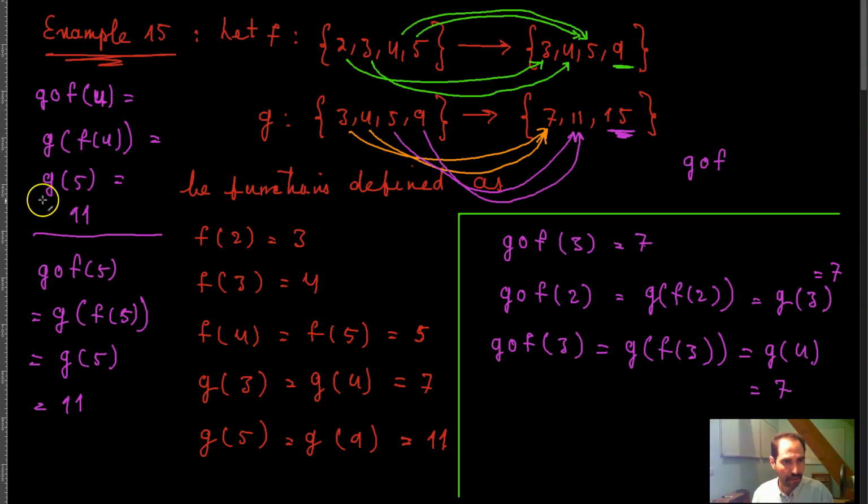As you can see over here, I end up with, for example, G of 5. Over here I end up with G of 5. Over here I end up with G of 3, G of 4, 3, 4, 5. But G of 9 is simply not there.